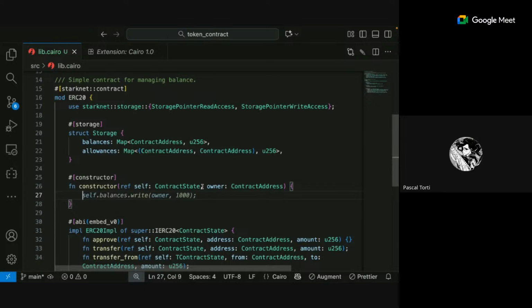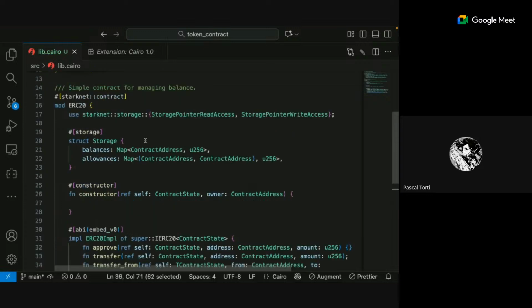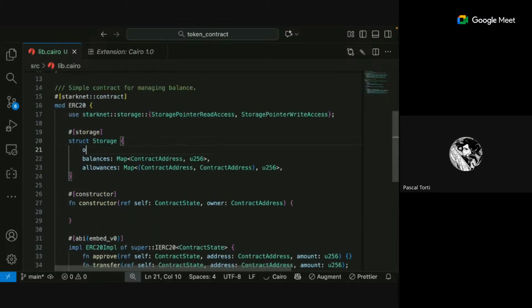Then you should know that normally, since you're the owner, you want to mint some amount of money. There are different ways of minting. Sometimes you want to make it so that only the owner can call this function. So we might want to write the owner here.